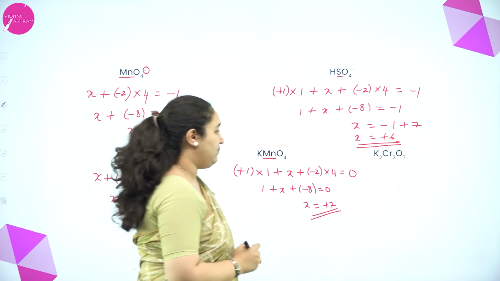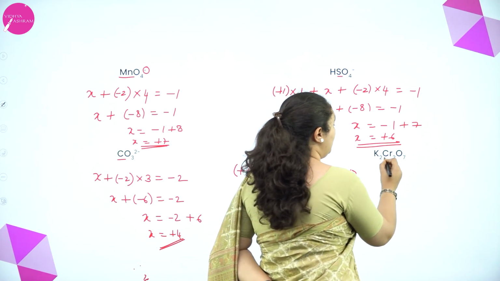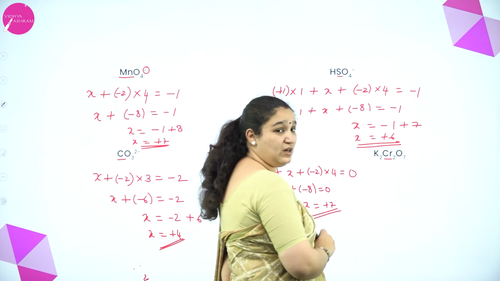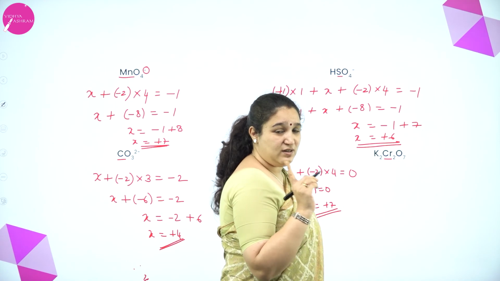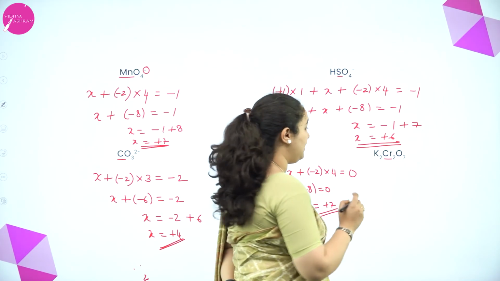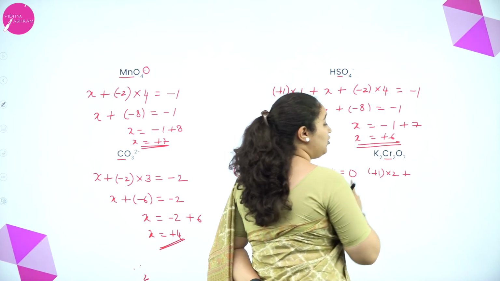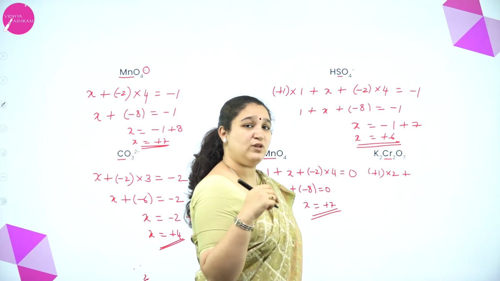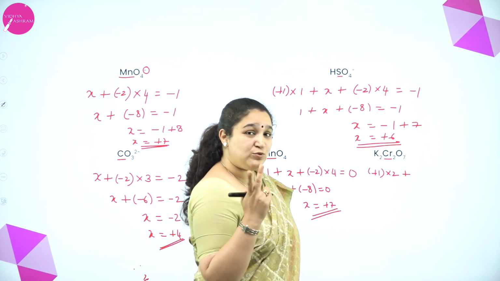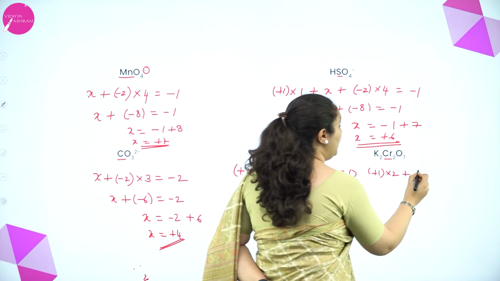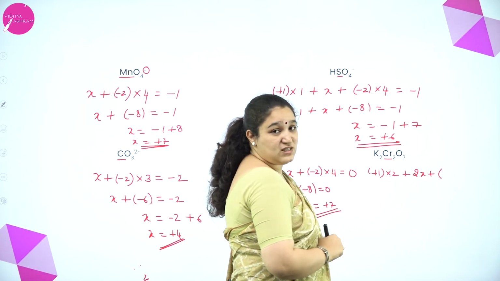Okay. Same way, for potassium dichromate I shall do now. Okay. Here for chromium I have to calculate. Now, here you have to be careful. Potassium is an alkali metal. What is its charge? +1. So, +1 into 2 plus. Now, chromium, I have Cr2 there. I can't take it as X only, because I have 2 chromium atoms. It will be 2X plus oxygen is -2.